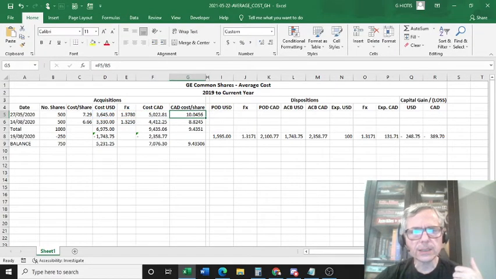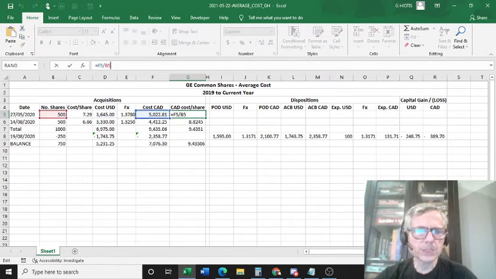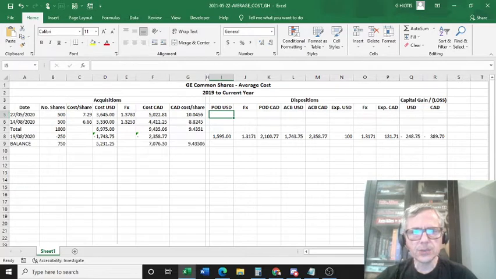The average cost per share at this point, or the unit cost, is the Canadian cost divided by the number of shares, as you can see here. So we get $10.05 Canadian, or $7.29 US, at that point in time, the 27th of May 2020.